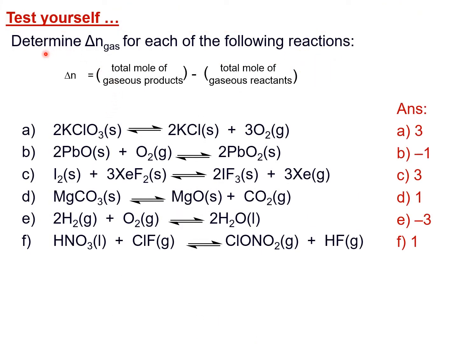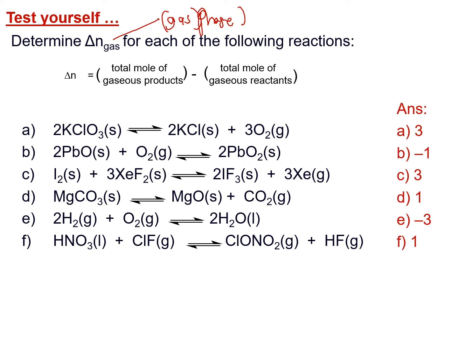Okay, so you can test yourself by doing this exercise first untuk tahu nak kira macam mana delta N ni. Okay, contohnya yang A ni, kenapa answer dia 3? Okay, how do you know that dia punya delta N is equals to 3 is because, kalau you nak kira delta N ni, you kena ingat, you hanya boleh libatkan anything yang in gas phase sahaja.